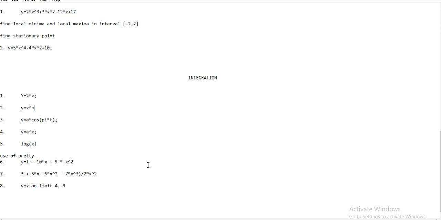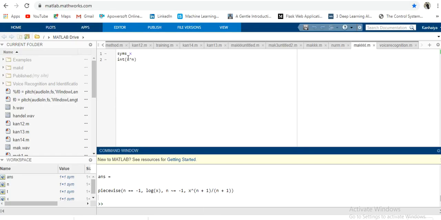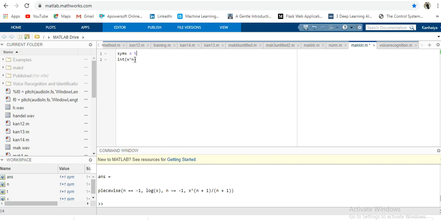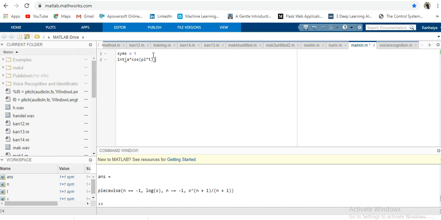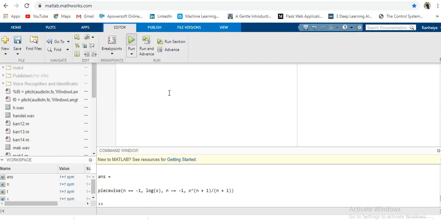Now let's move to another one, and that is a cos pi t. First we have to define t. A is a constant, right? A cos pi into t. Let's see if MATLAB gives it for us or not.